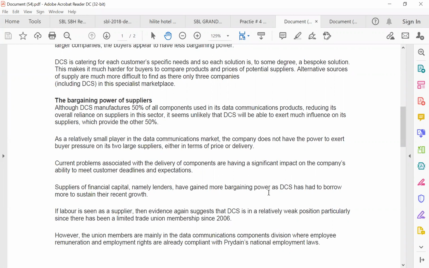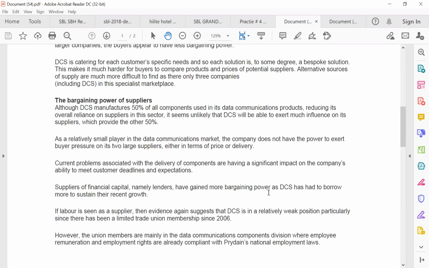If labor is seen as a supplier, then evidence again suggests that DCS is in a relatively weak position, particularly since there has been limited trade union membership since 2006. However, the union membership is mainly in the data communication component divisions, where employees' remuneration and employment rights are already compliant with present national employment laws.